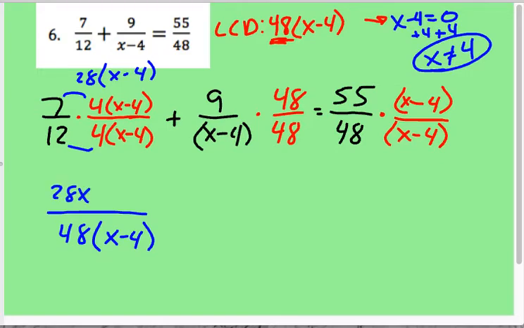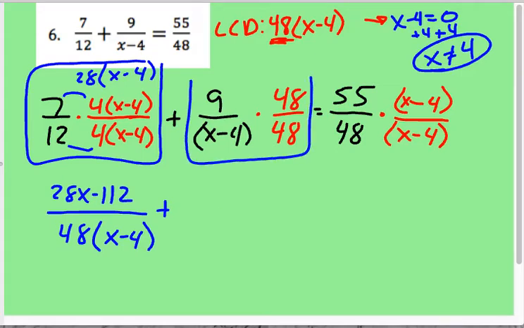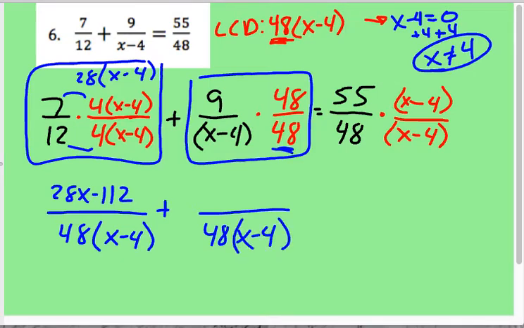28x. What is 4 times 28? I think it's 112. Minus 112. Plus, that was this fraction right here. Our next one, denominator is going to be 48 right here, times the x minus 4. I'm going to leave it like that. I'm going to multiply 9 times 48, and that's 432 on my calculator.